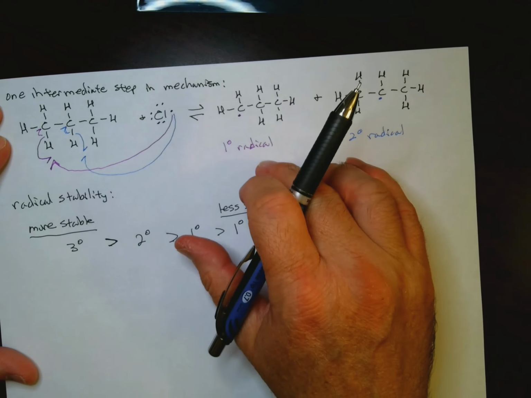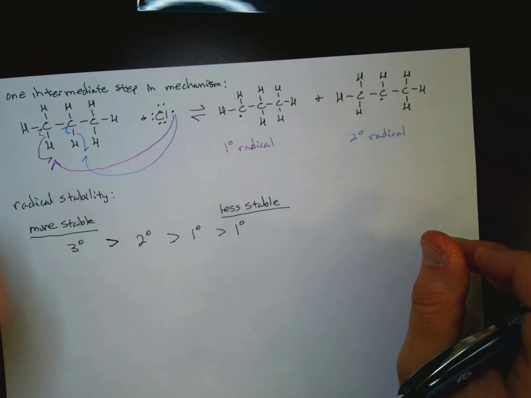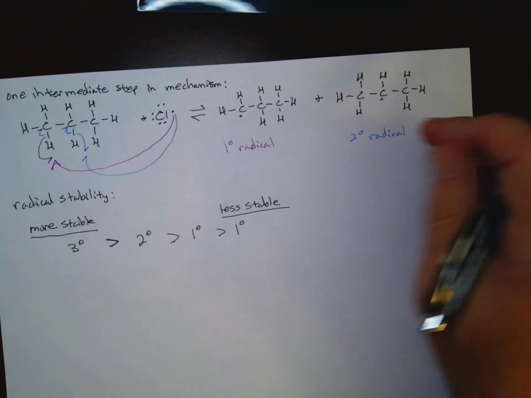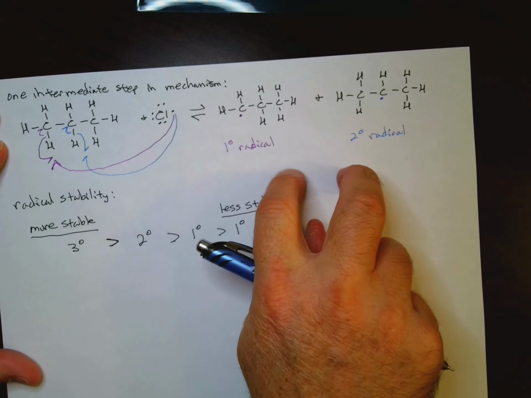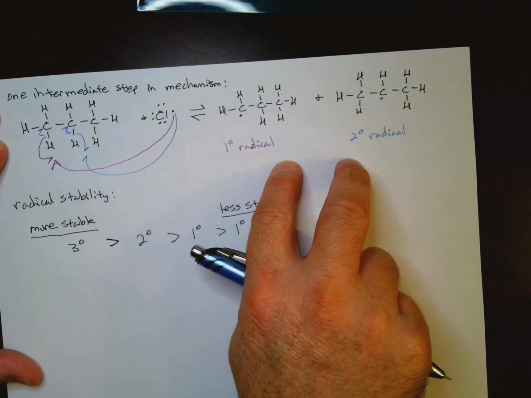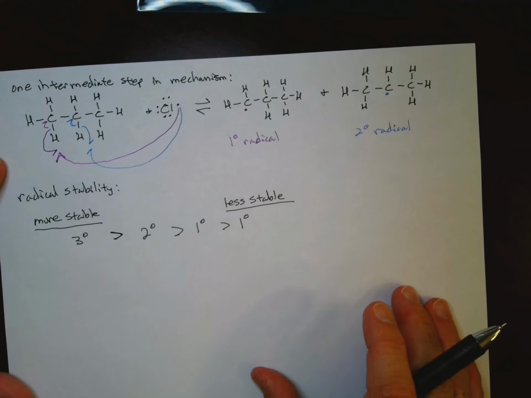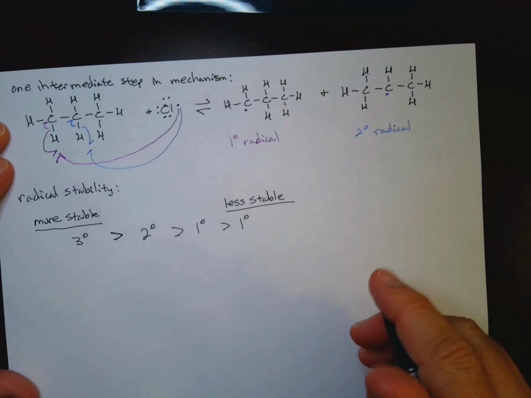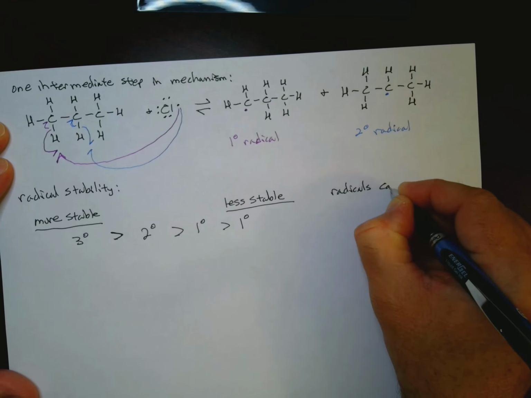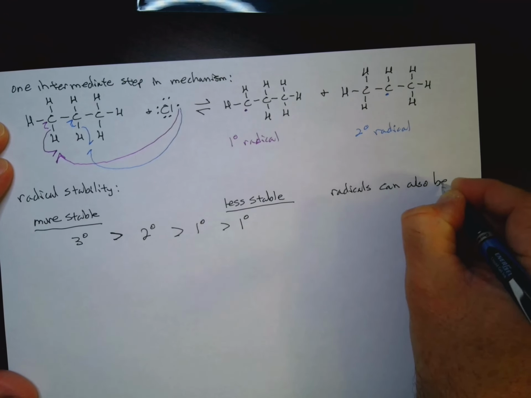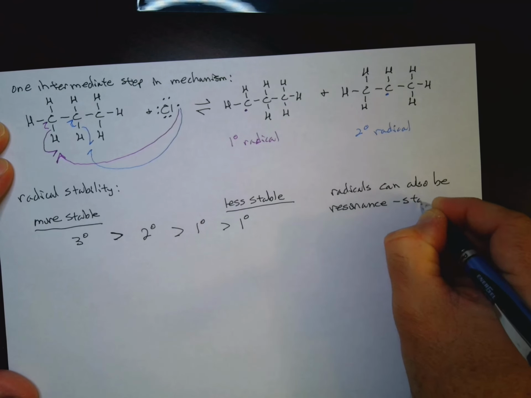So a secondary radical is more stable than a primary radical. And depending on what halogen we use, this difference can make a big difference, like with bromine, or a small difference, like in chlorine. So for example, I should mention that radicals can also be resonance stabilized.